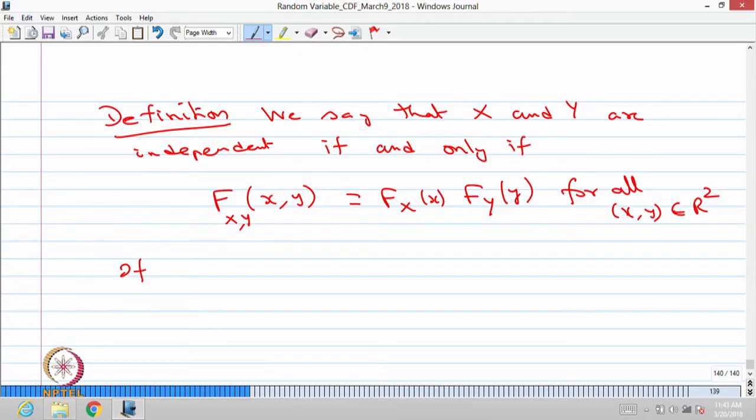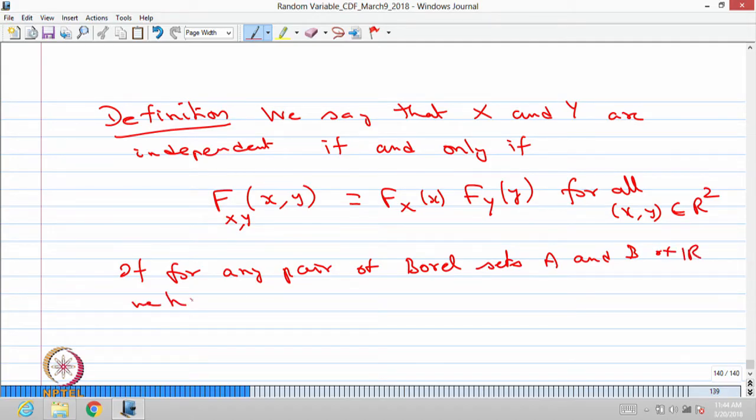That means, for any pair of Borel sets, suppose I take a Borel set A and another Borel set B of the real line.